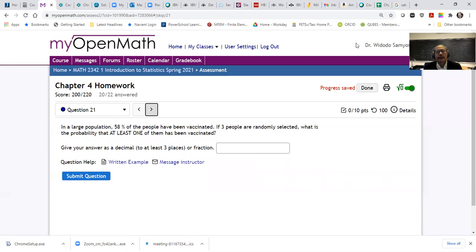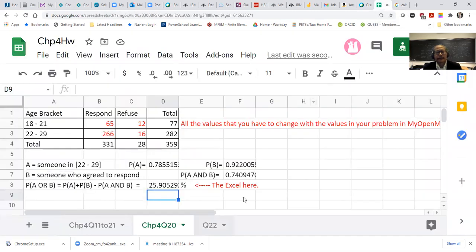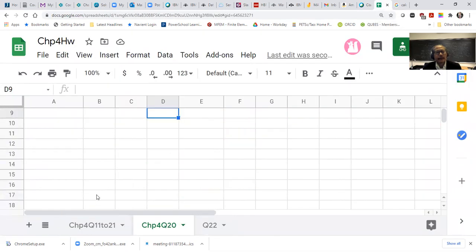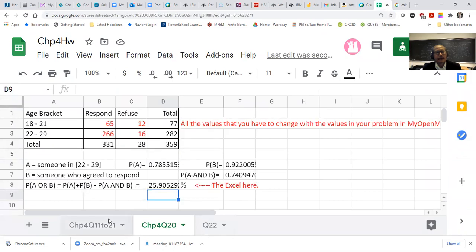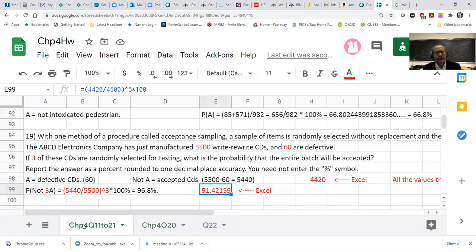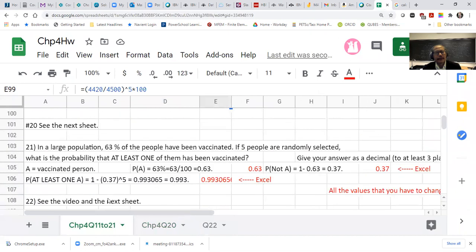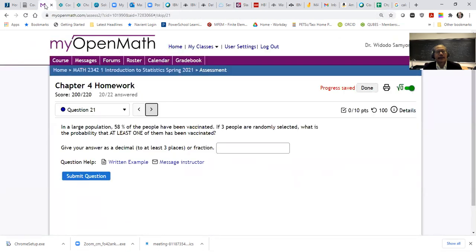Yeah, so you need to go back to number 21 here. Sorry, 21, not 29. Right? So how many percent do you have here? 58%.